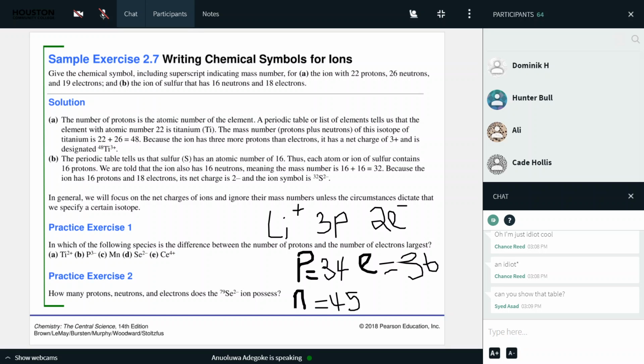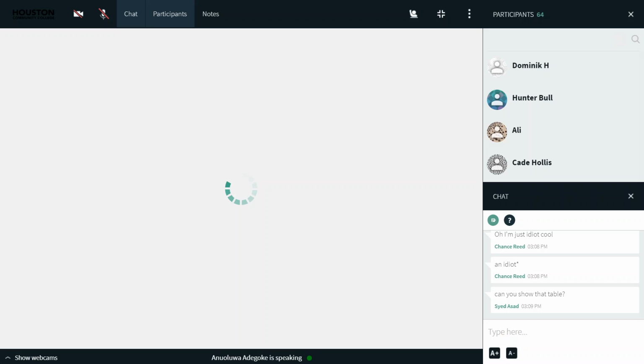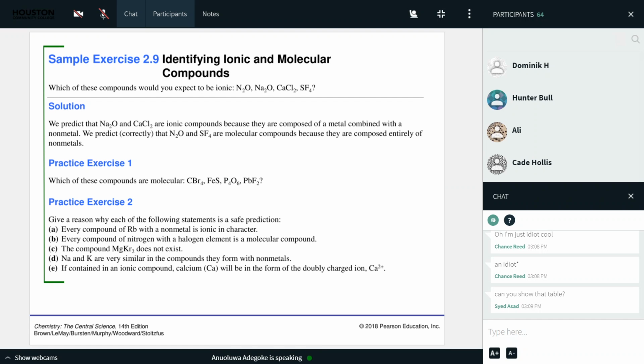Before we get to acid naming, acid nomenclature, and also molecular compounds, let's just quickly do this, and then we go to naming molecular compounds and naming acids.